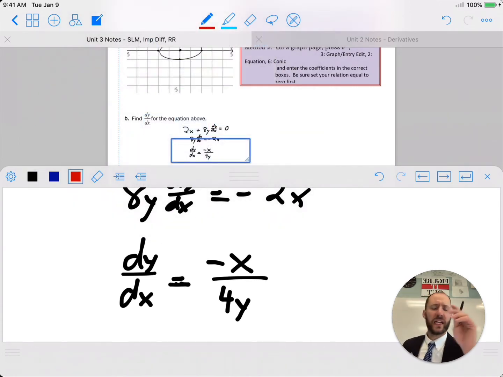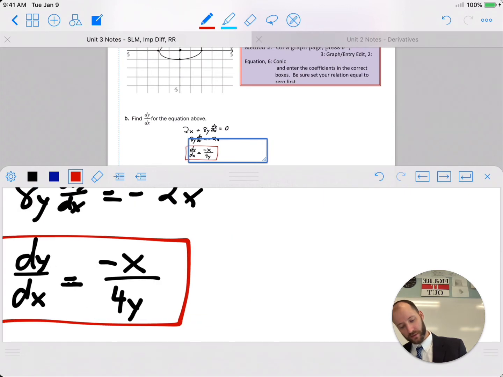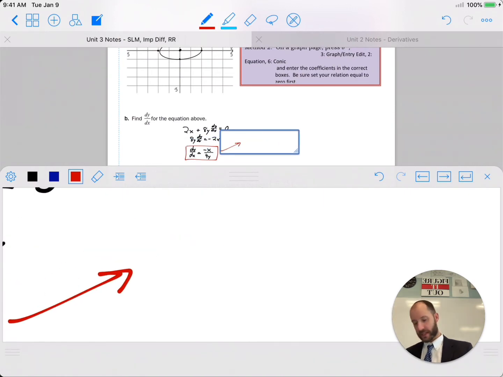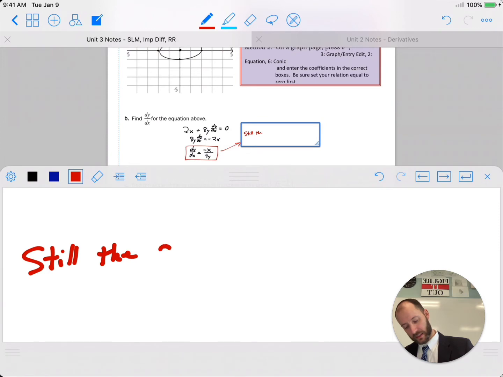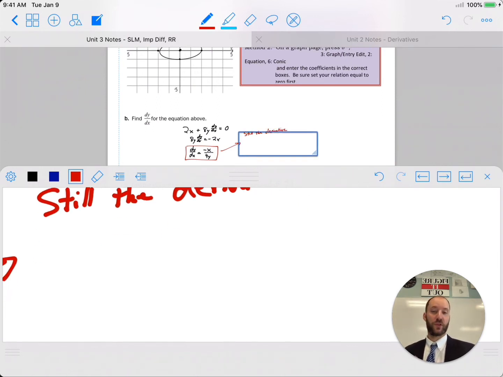Now, at this point we've got to realize something. That negative x over 4y, that is dy dx. dy dx is y prime. That is still the derivative. So that means if it's your derivative, it's also slope.